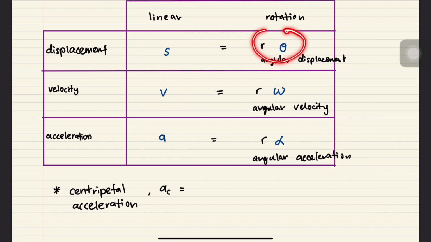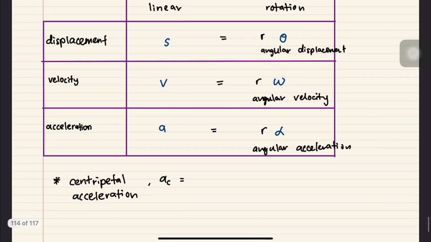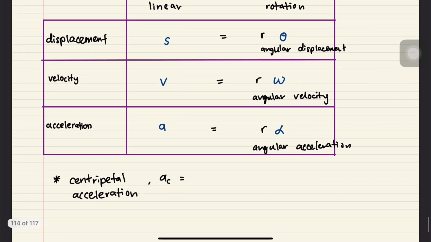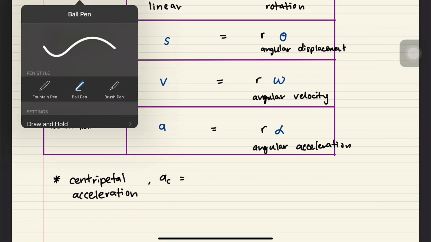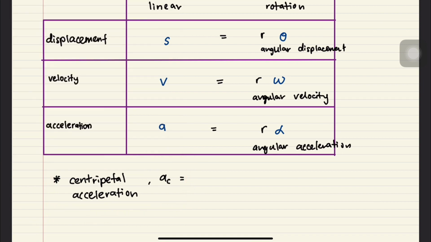R theta equals S, R omega equals V, and R alpha equals A. And previously you already learned about centripetal acceleration. AC equals V squared over R. Just use the same formula where V equals R omega, so R squared omega squared over R. This one you get R omega squared. So you can write AC in terms of V and in terms of omega.